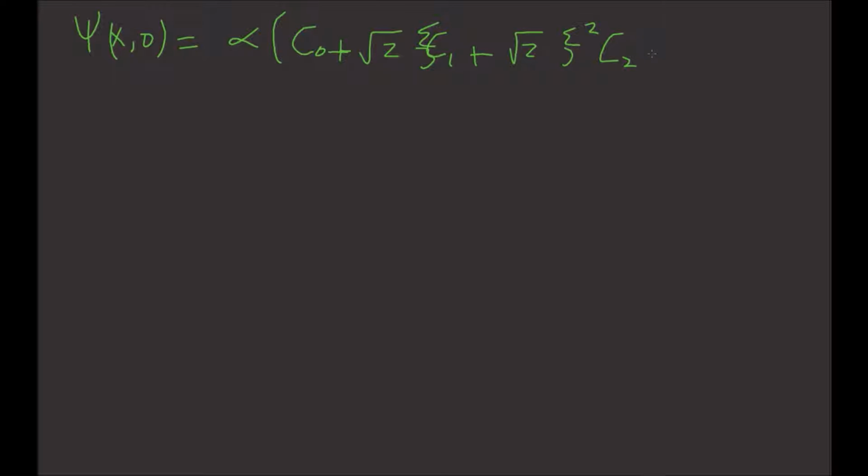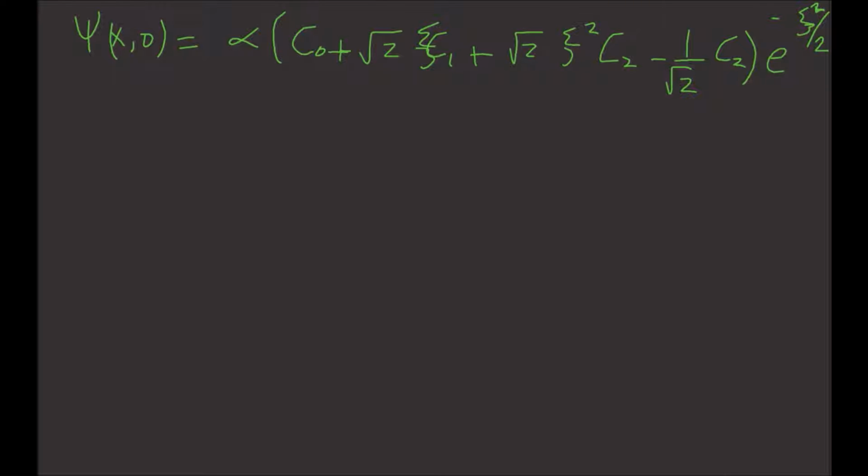Furthermore, we have psi of x and 0 equals alpha times c naught plus square root of 2 times squiggly times c1 plus square root of 2 squiggly square times c2 minus 1 divided by square root of 2 c2, and of course this times the exponential term e to the minus squiggly square over 2.